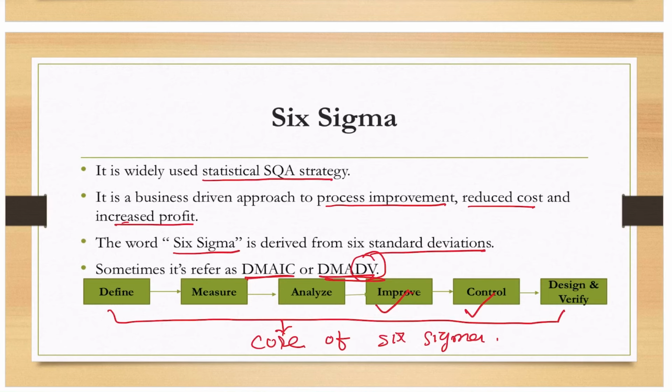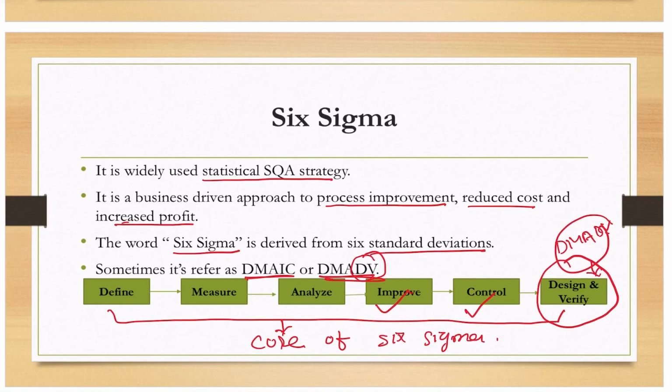D stands for define, M stands for measure, A stands for analyze, I stands for improve and C stands for control. Now, for newly developed software, some organizations suggest the following 2 alternate steps, that is design and verify. That is why it is called DMADV, right?